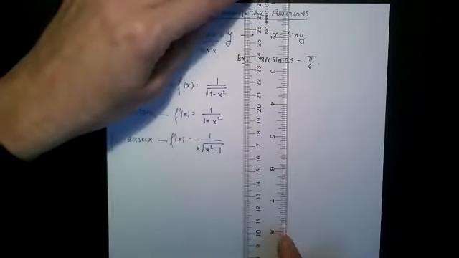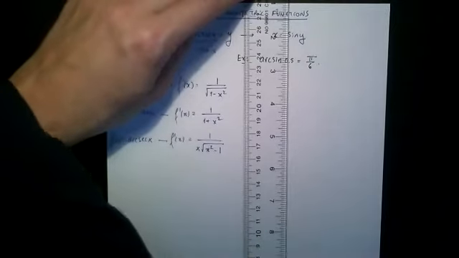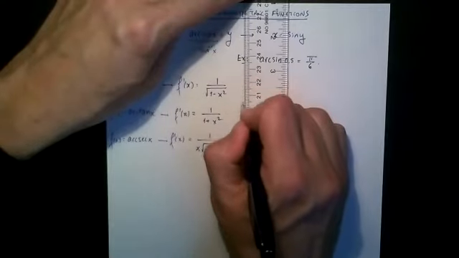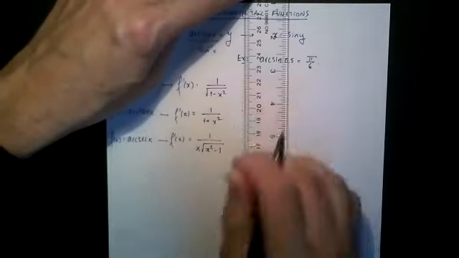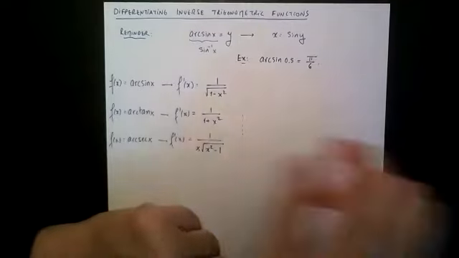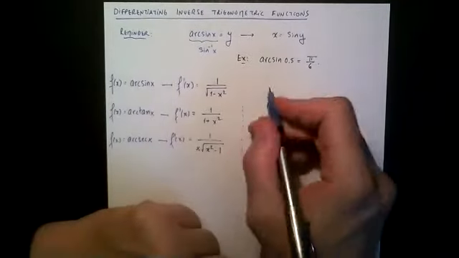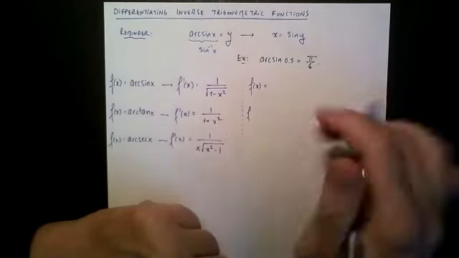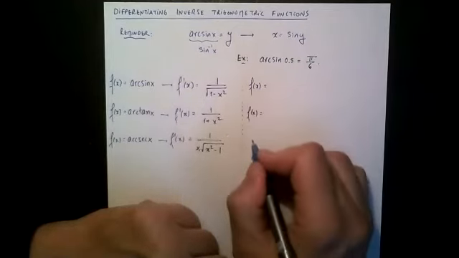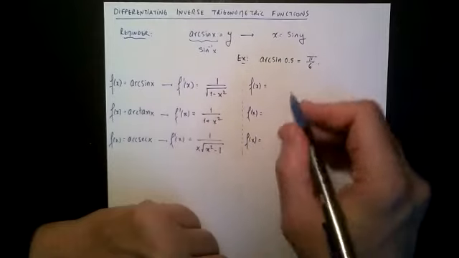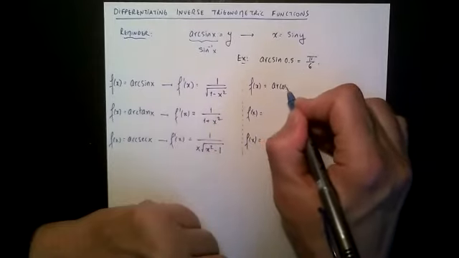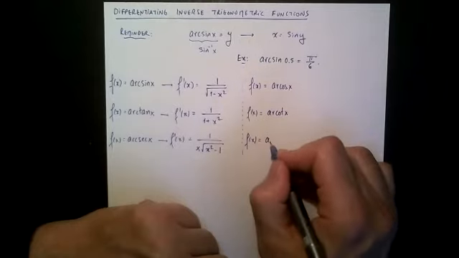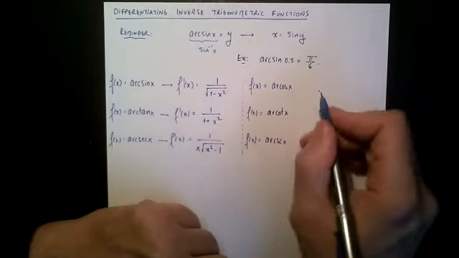And I'm going to write down all the cosine, cotangent, and cosecant ones on the side here. You're going to understand why I'm displaying it this way. So arccos, arccot, and arccosecant.